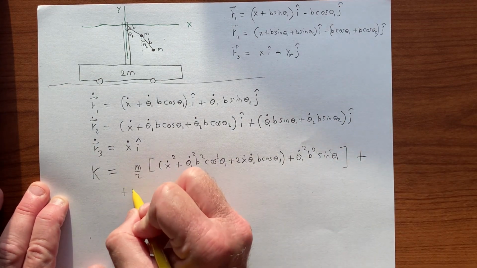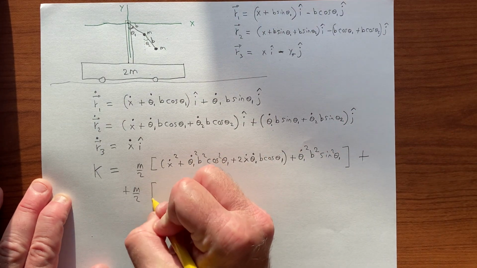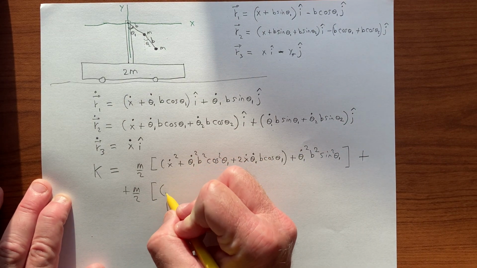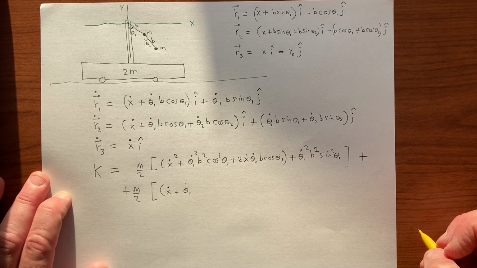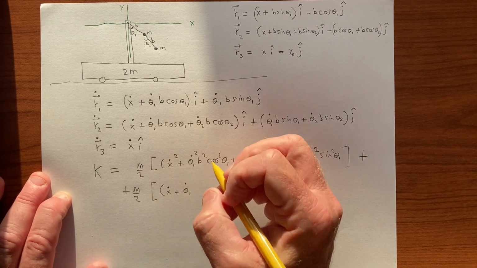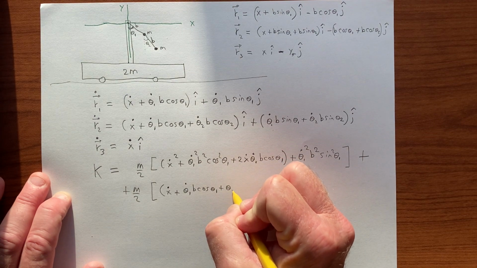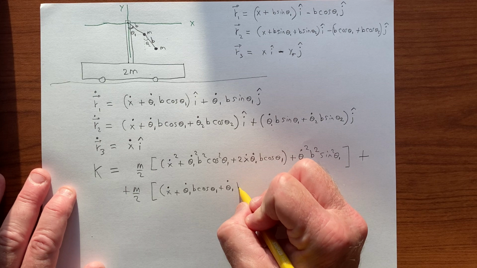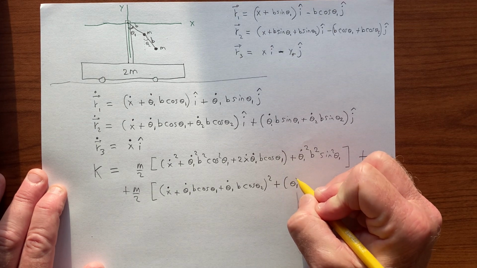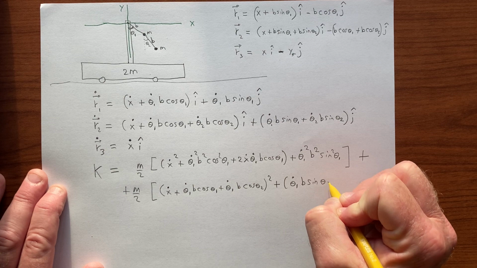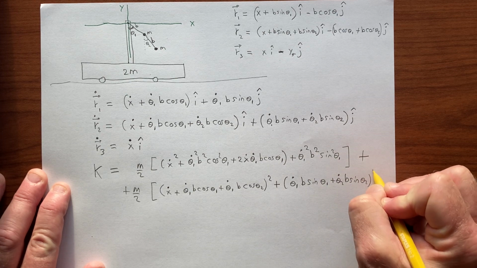And now we'll do the same for the second object. Similarly, we'll have m over 2 times x dot plus theta 1 dot b cosine theta 1 plus theta 2 dot b cosine theta 2, and we have to square that, plus theta 1 dot b sine theta 1 plus theta 2 dot b sine theta 2, and we have to square that.